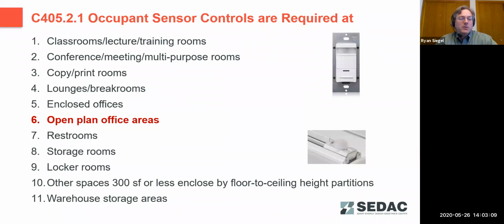Occupant sensor controls, they continue to expand this over time. This code cycle, they've added open plan office areas, and they handle this in a couple of ways. They have 3 space types: open plan office areas, warehouse storage areas, and everything else.